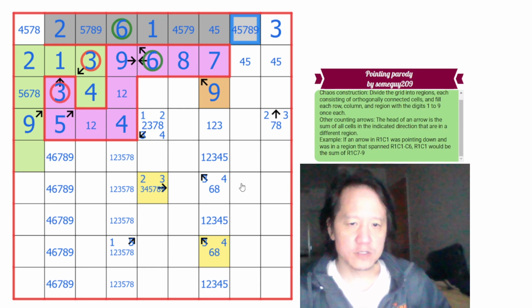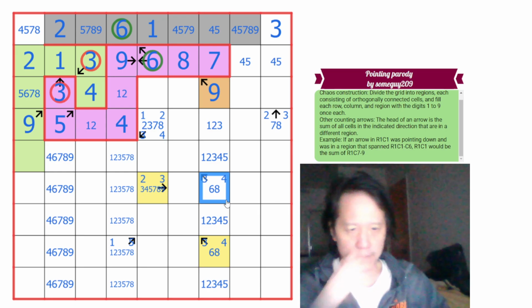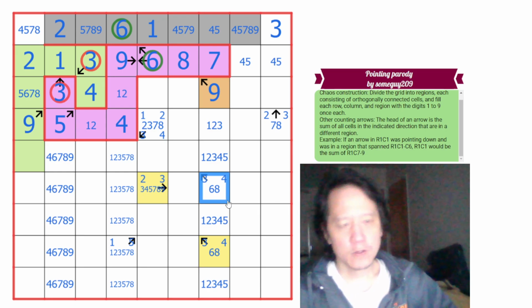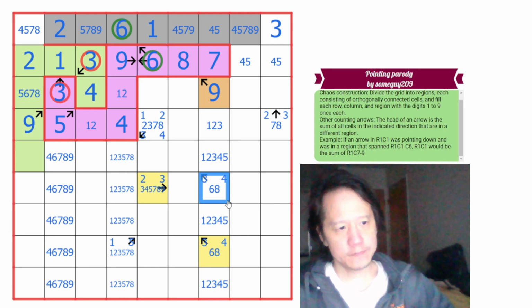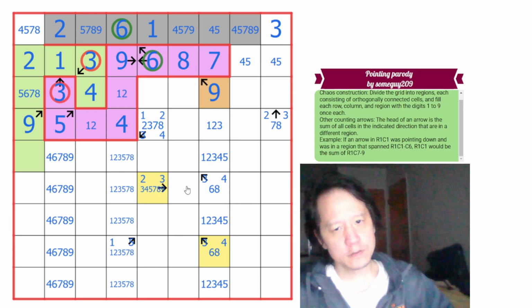So this one still could be the same region as these two. So we don't know anything about that. Say that were the case. We know, huh? Is that possible?